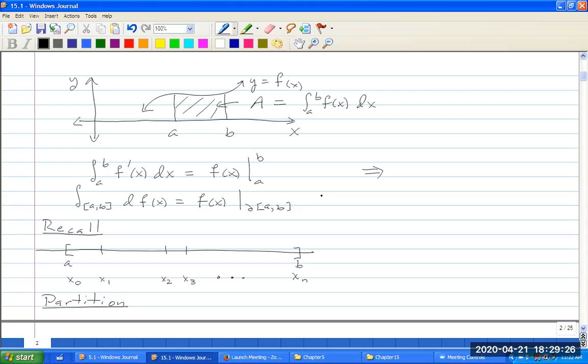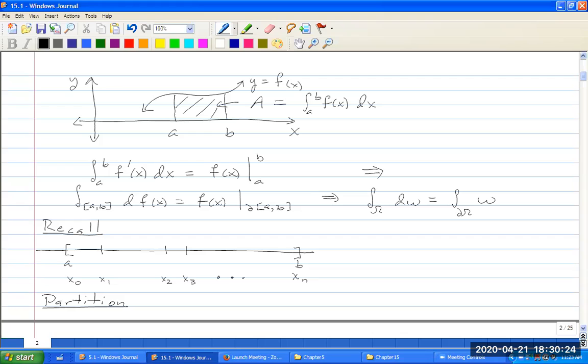Eventually we want to extend this to some region, capital omega, and some differential form, which I'll call omega, and the integral is equal to the evaluation on the boundary of this form.